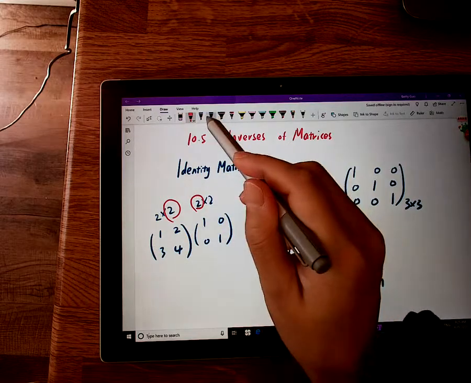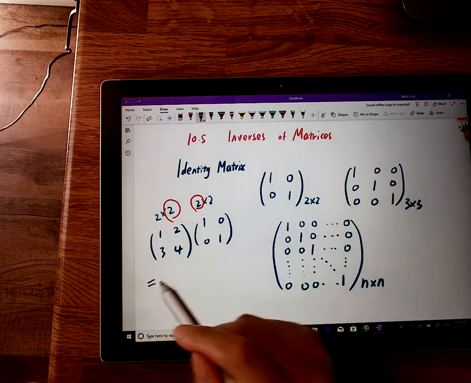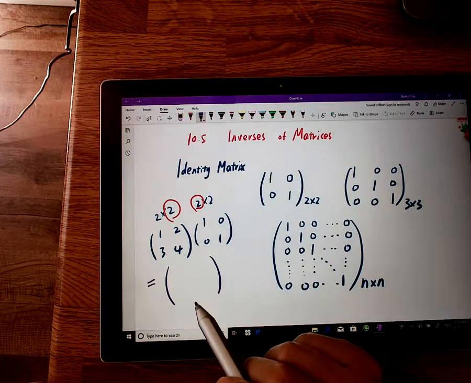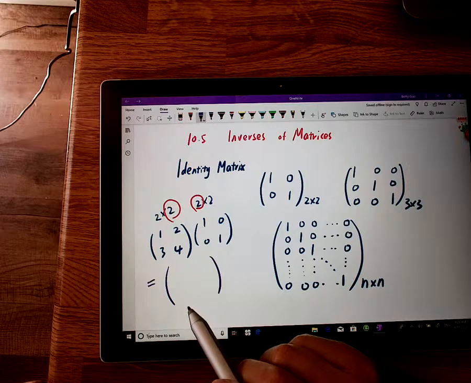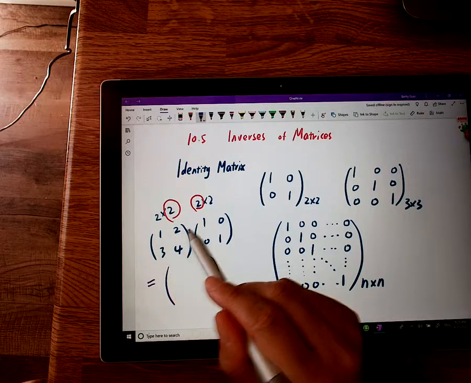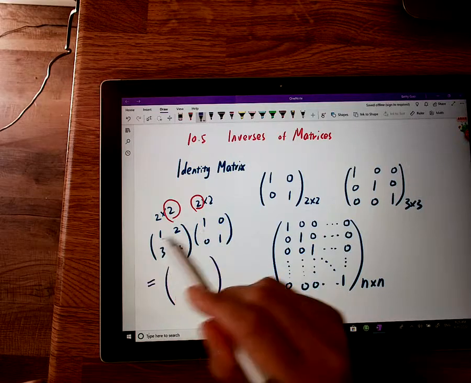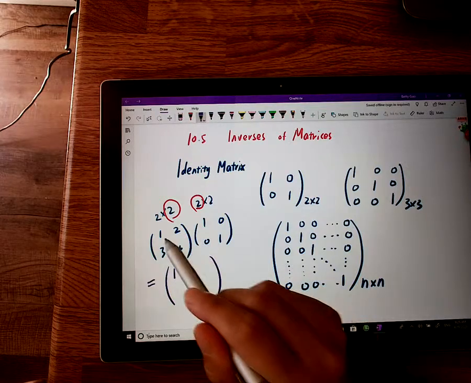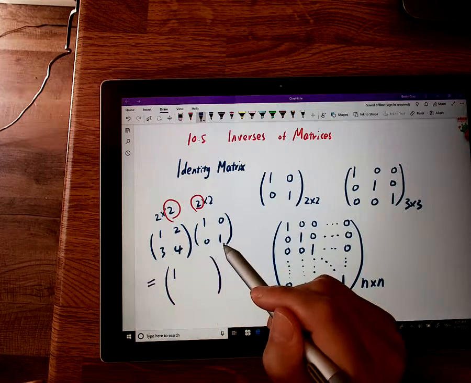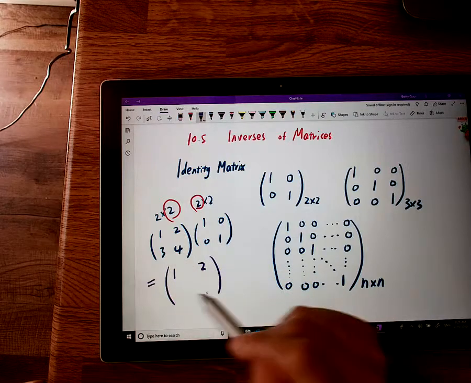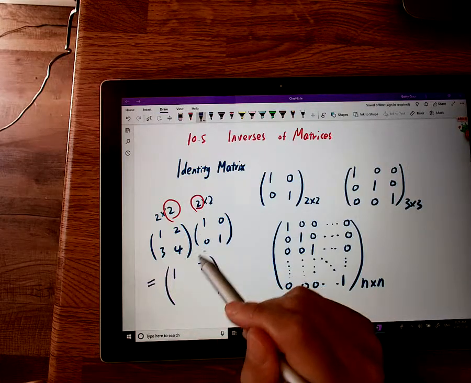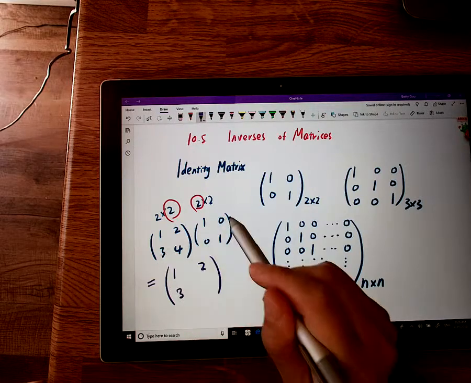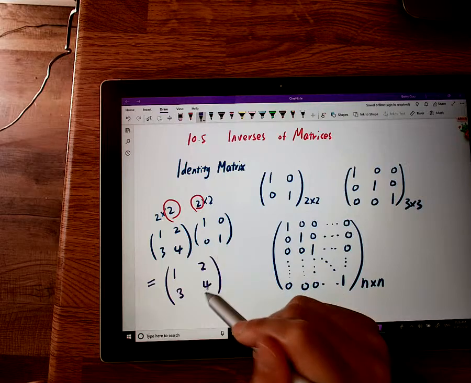If we apply the definition of the multiplication of two matrices, which we covered in the previous video, section 10.4: row 1, column 1, that is 1 times 1 plus 2 times 0, gives us 1. Row 1, column 2, 1 times 0 plus 2 times 1, that is 2. Row 2, column 1, 3 times 1 plus 4 times 0, 3. Row 2, column 2, 3 times 0 plus 4 times 1, 4.